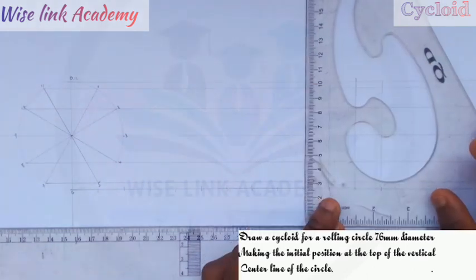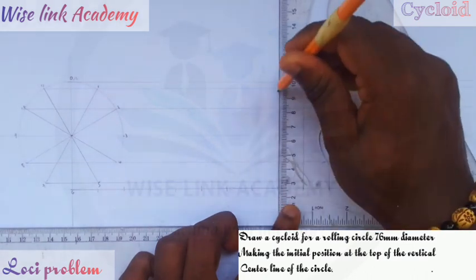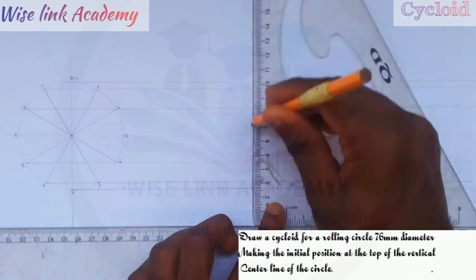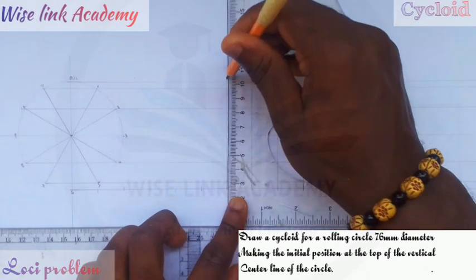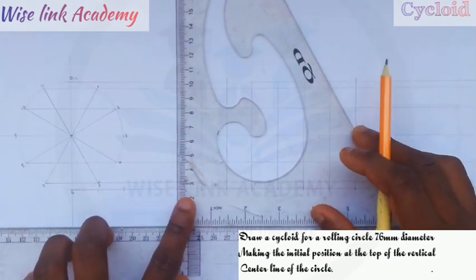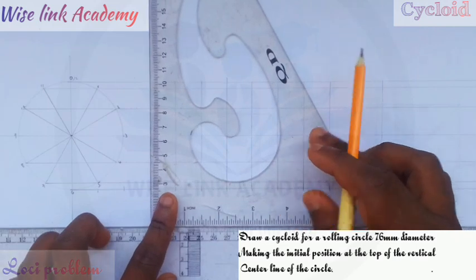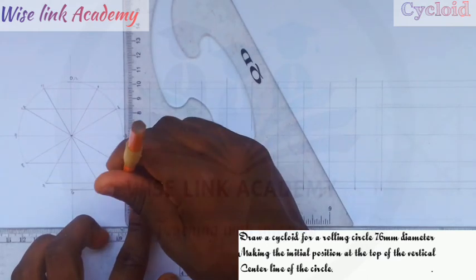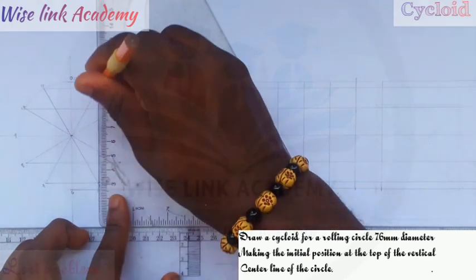Take this point upward, take this point here upward, take this point here upward, take this point here upward, this upward, and lastly, sorry, this before the last one, and lastly this upward this way.